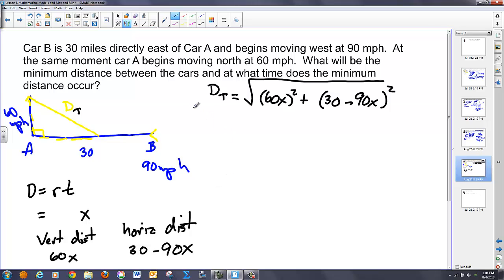What I've done is I've modeled an equation to describe the total distance between the two cars. And what I want to know is at what time does that occur?